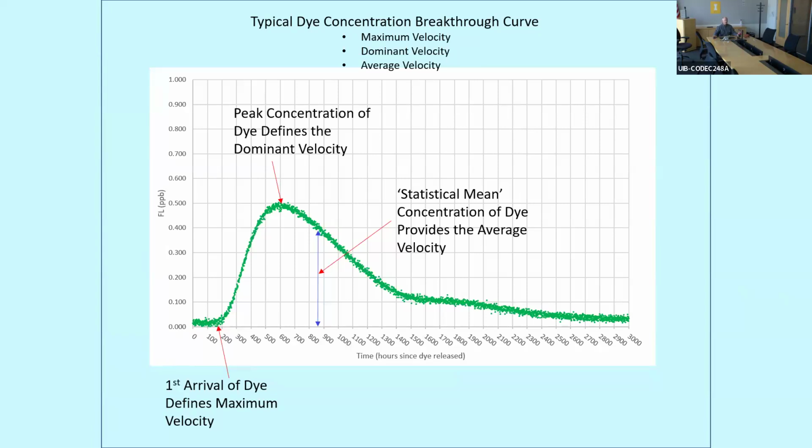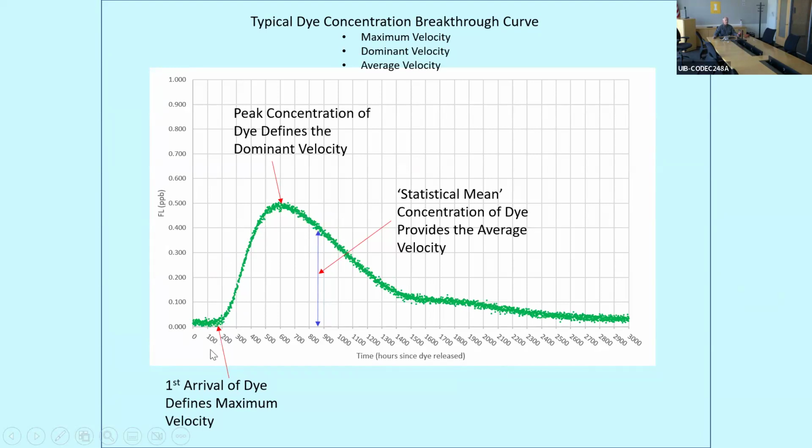So this is an actual dye breakthrough curve from one of our traces, and it's a classic textbook shape, left skewed, single peak breakthrough curve. This is 10-minute data from a fluorimeter instrument deployed in a spring.